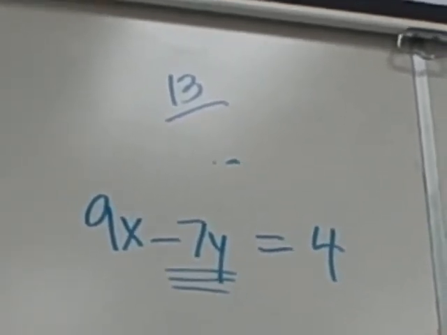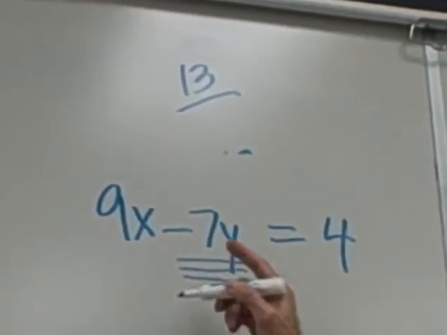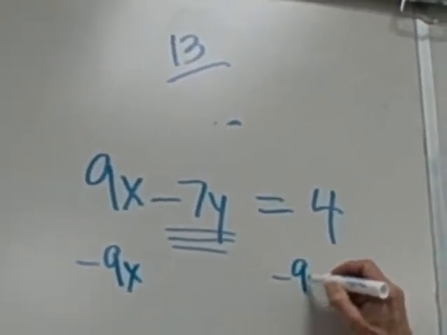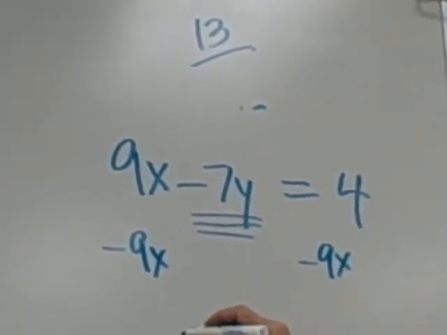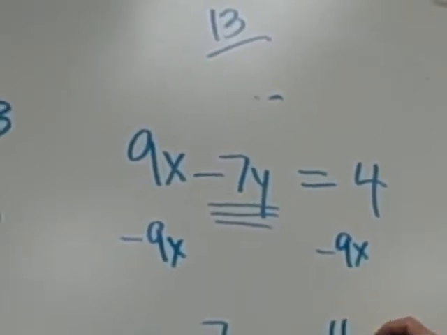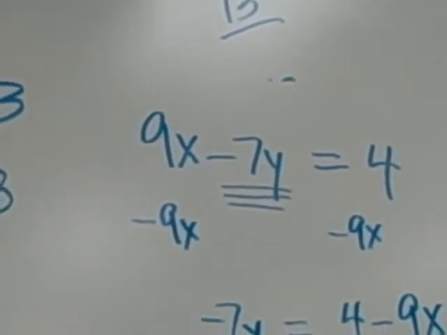Don't do anything else before that. Get this term by itself. So what I'm going to do is subtract 9x from both sides. So I get negative 7y is equal to 4 minus 9x.